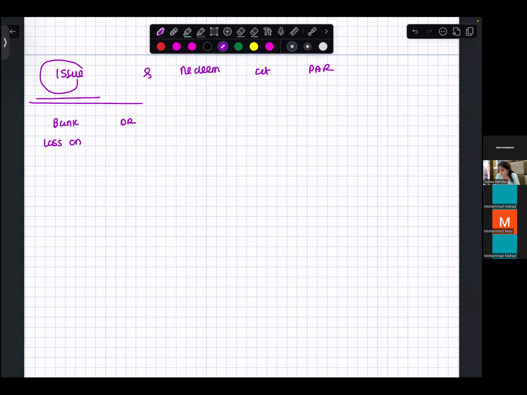Bank debit, loss on issue of debentures debit, then debentures credit, premium on issue of debentures credit. You can either have a loss on issue or a premium on issue, either one of the two. Or you have nothing if you issue at par and redeem at par. These are the entries related to issue of debentures.